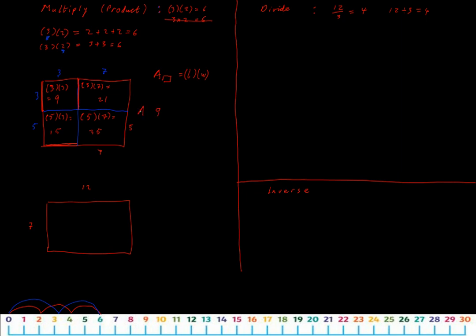So the area is going to equal 9 plus 21 plus 15 plus 35.